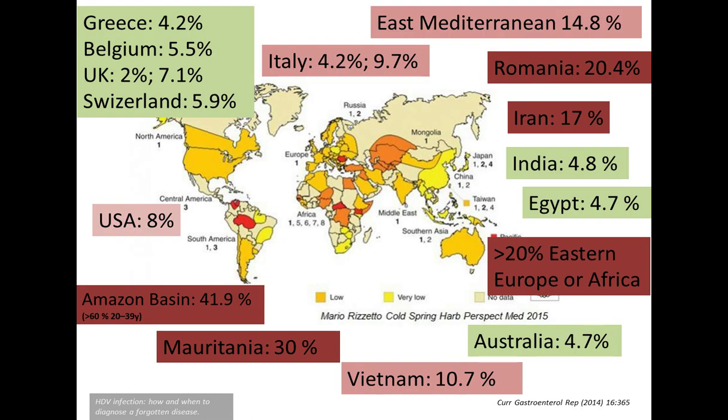We also have more information about the prevalence, and we would like to focus on these countries, like Iran, having 17% of hepatitis B infected people also having hepatitis Delta infection, Romania more than 20%, Mauritania near 30%, or the Amazon Basin near 42% of people with hepatitis B also having hepatitis Delta infection.